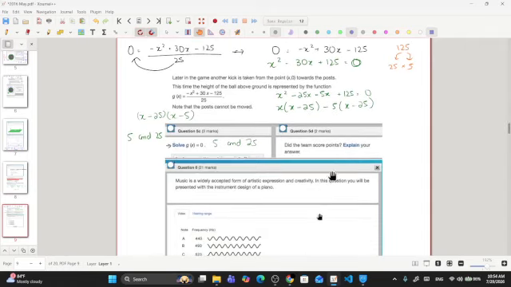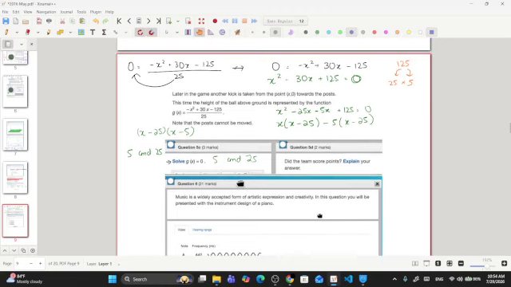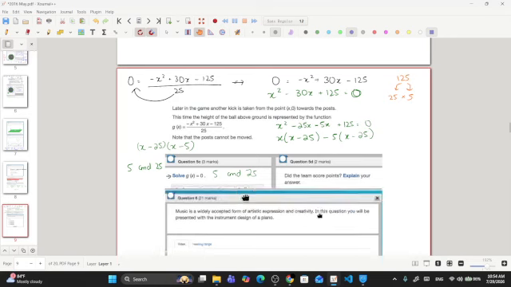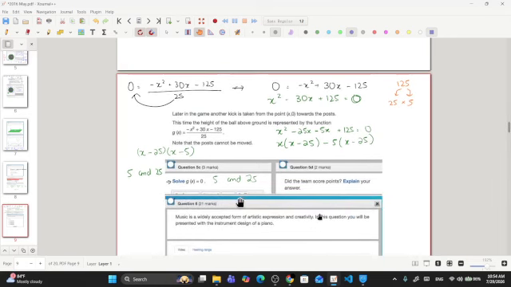Did the team score points? Explain your answer. Look, realistically speaking, there are two ways to prove that the team did not score points.